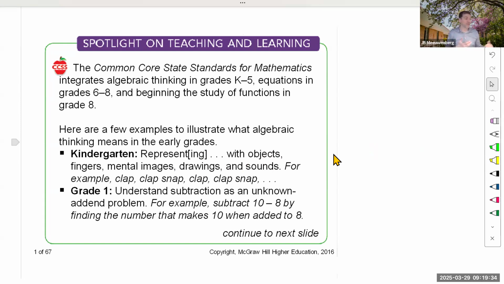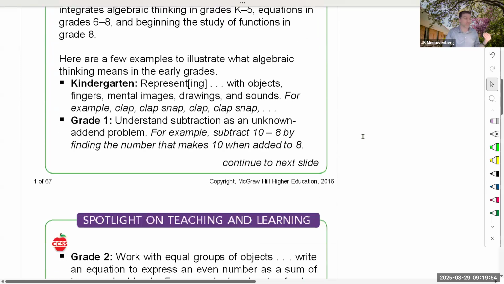Grade 1, as you can see, unknown addend problems. We talked about missing addends, I think it was in our chapter about whole numbers, how you go about thinking about subtraction. It's not always just about starting with one number and taking something away. Sometimes it's about filling in the gap that's missing. That's algebraic thinking.